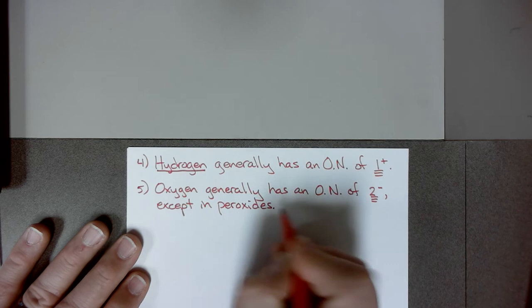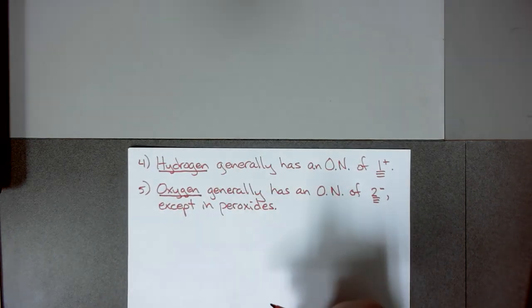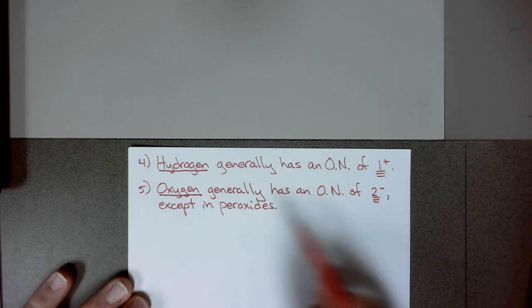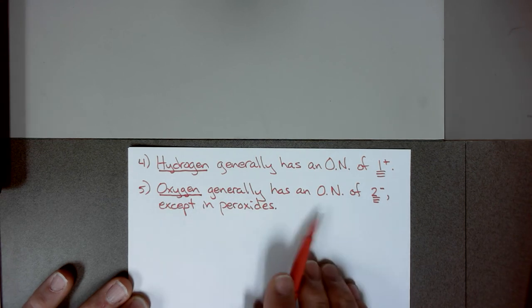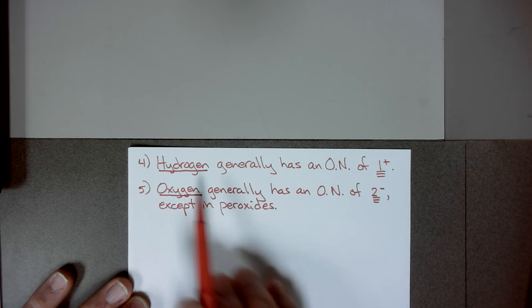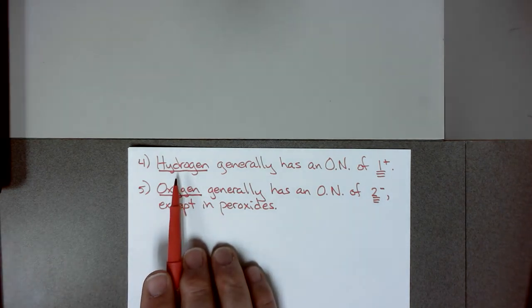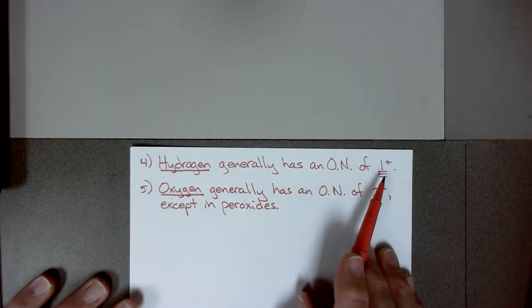Now, the reason it's important to say this is, think about carbon dioxide. Carbon dioxide has 2 oxygens, but it's not an ionic compound, it's covalent. So those elements do not have charges. But the oxygen, we know in carbon dioxide, has an oxidation number of 2-. Or in methane, CH4, it's a covalent compound, but the hydrogen will have an oxidation number of 1+, even though it is not an ionic compound.